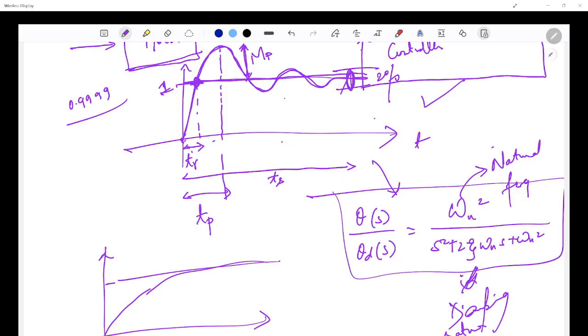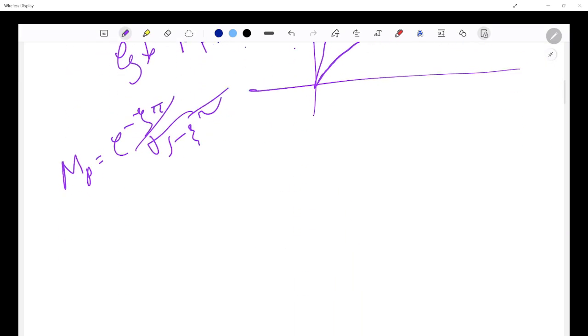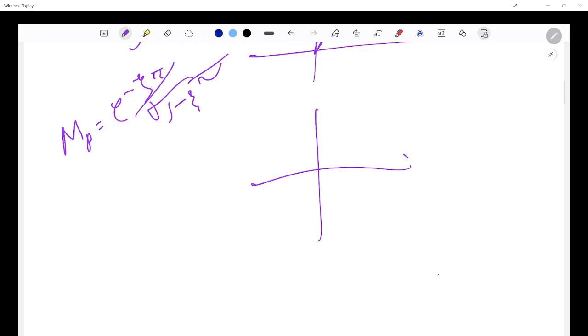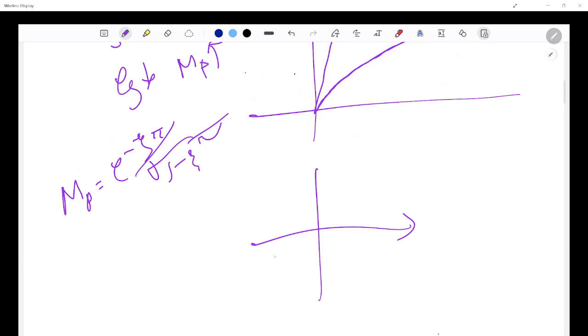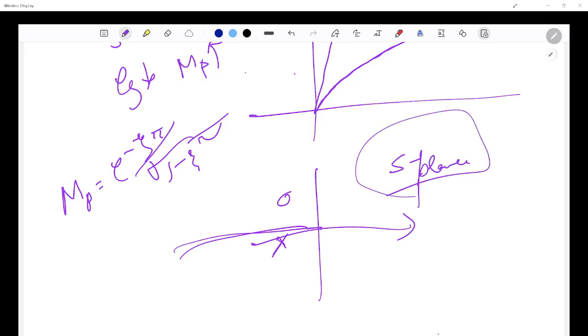From here we find out what the poles and zeros of the system are. Where the roots of the denominator lie, they are called poles. Where the roots of the numerator lie, they are called zeros. And if all the poles lie in the left half of the S-plane, because this is only defined for the transfer function, it has nothing to do with the time domain.